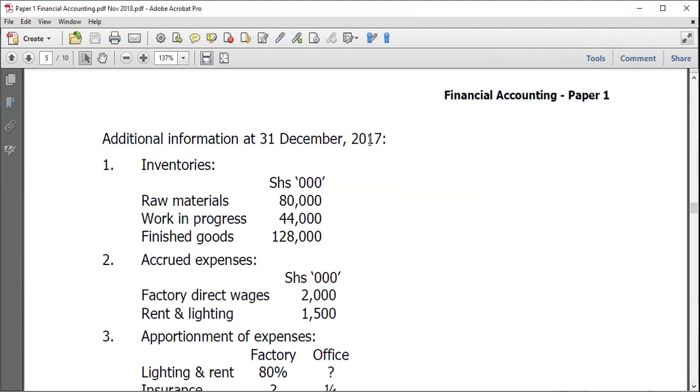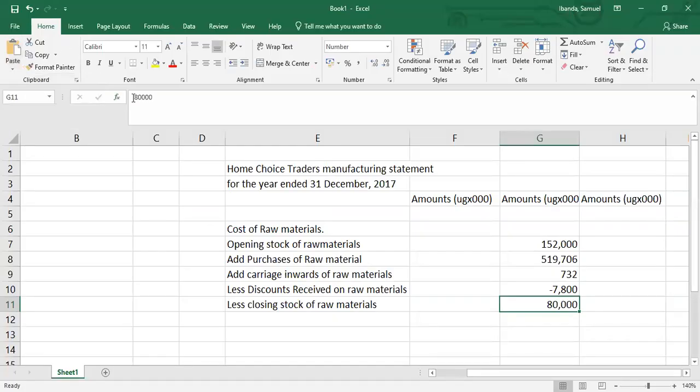Additional information as of 31st December says that raw materials is 80,000. So that is the closing stock of raw materials. As you can see, we have different categories of raw materials, but my interest is only in the closing stock of the raw materials, which is the 80,000, which I'll take to the other side. So I'll just come here and include this here. And remember, it is a less also, okay? It's basically a less of that.